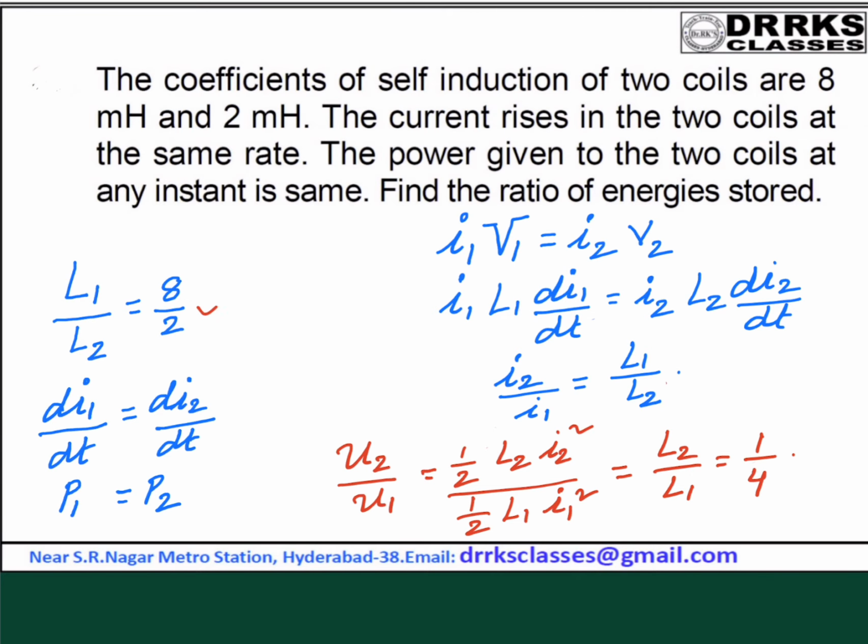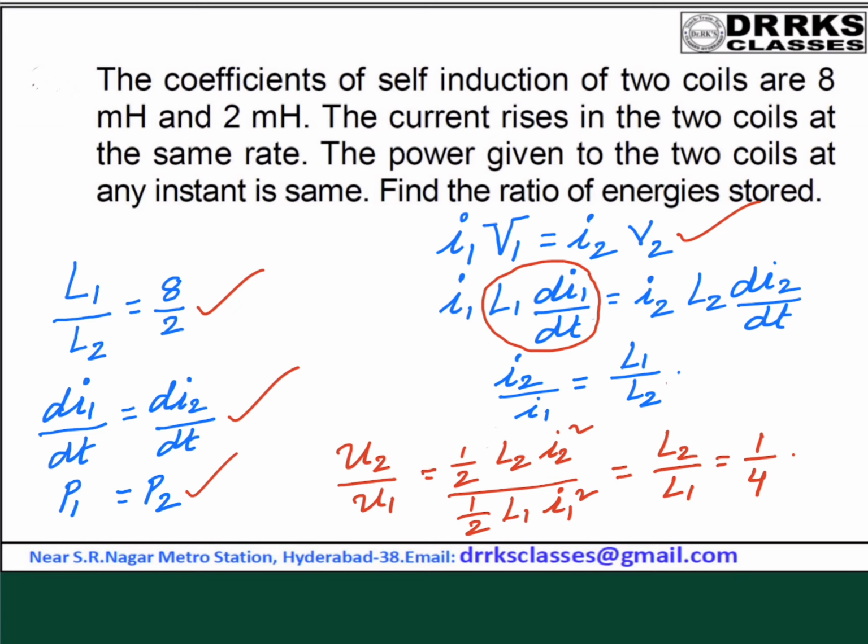So L1 by L2 is given. di1 by dt is equal to di2 by dt. Power is same. When power is same, I1 V1 is equal to I2 V2. What is V1? Voltage across the inductor is L di by dt. Of course minus, but magnitude if you take L di by dt.